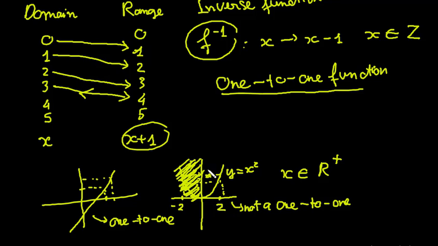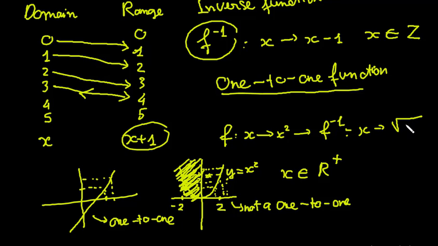So from here, when we have one value of x, we still have one value of y. And when we have one value of y, we have one value of x. So this is okay. The function is x to x squared, so the inverse function of this one would be x to the square root of x.